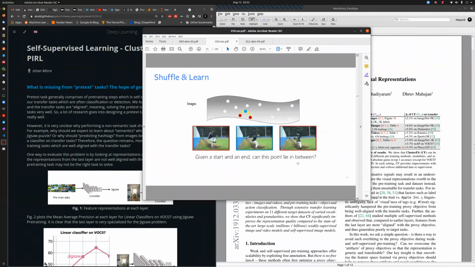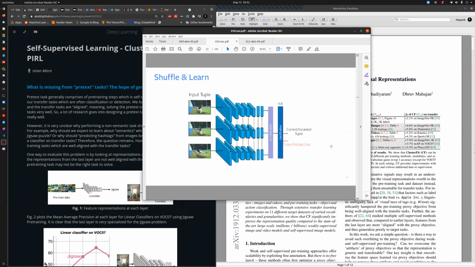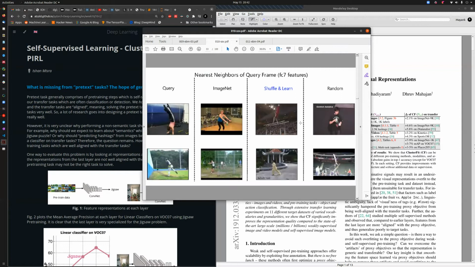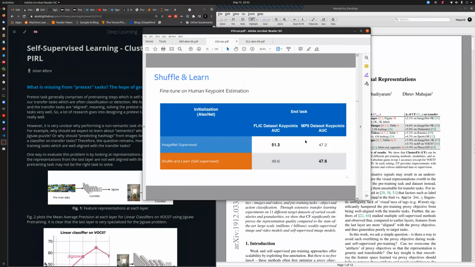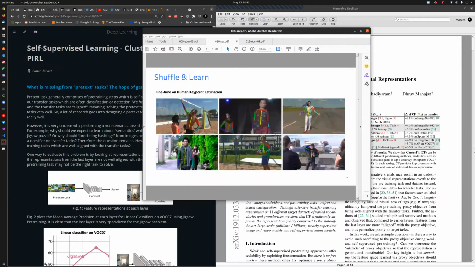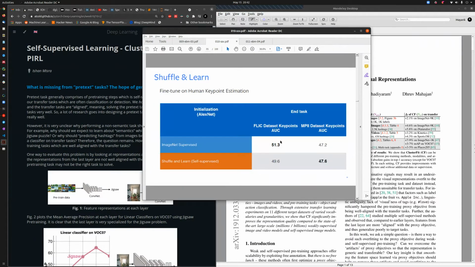Can this frame lie in between? So this was with respect to the three-way classification task that it performed on. This is with respect to the nearest neighbor query frames. Then this is fine-tuning on human key point estimation.